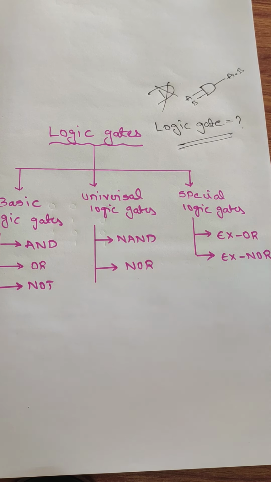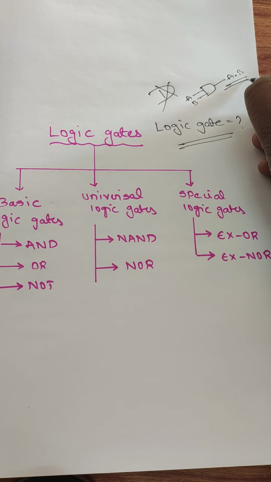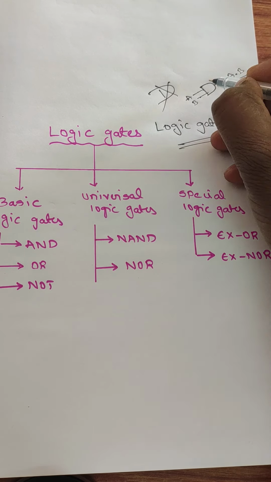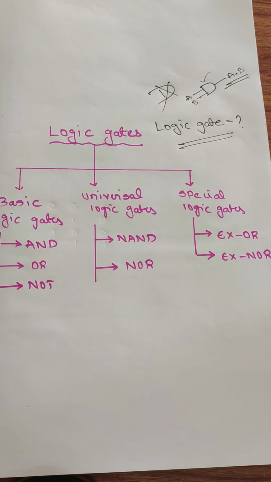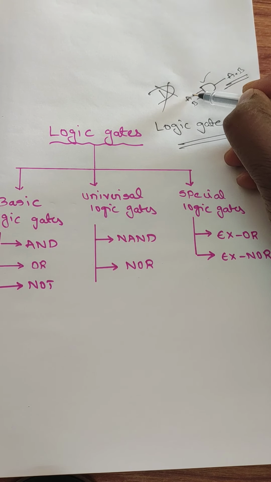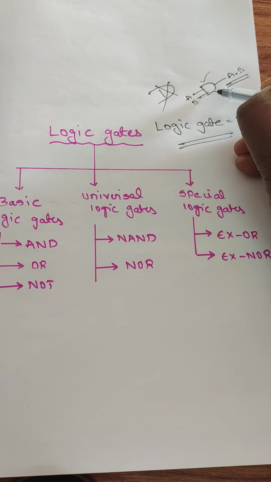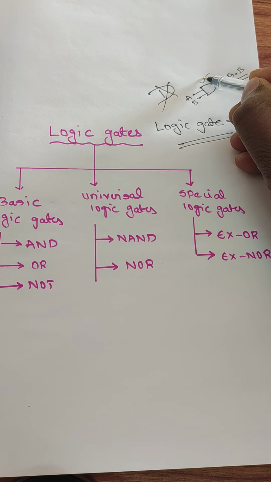So one or more input signals and only one output signal is called a logic gate, and the output will be depending upon the input signal and the type of gate.